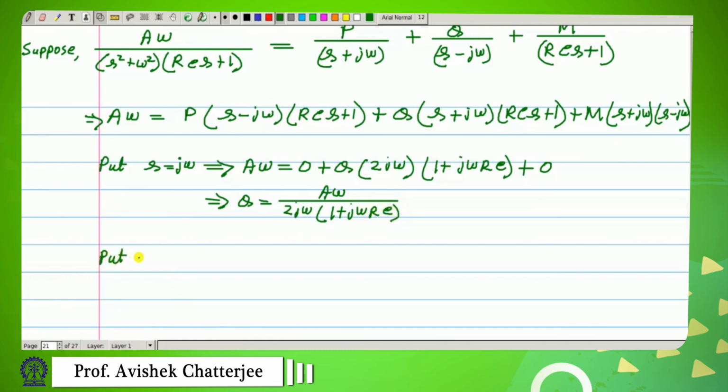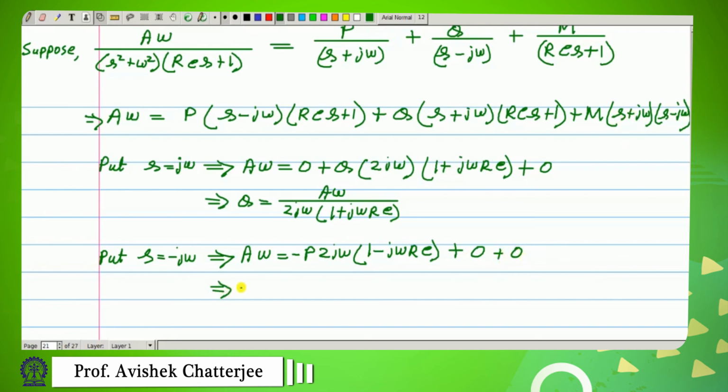Now let us put s equal to minus j omega. Then this term and this term will be 0. We will get A omega equal to p, this will be minus 2j omega, then here we will have (1 minus j omega RC), plus this term will be 0, this will also be 0.